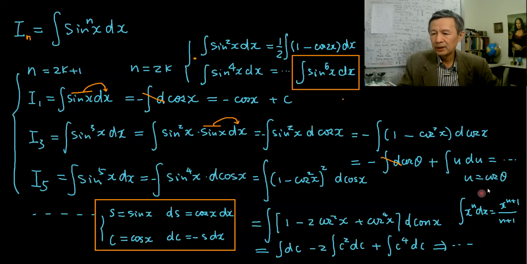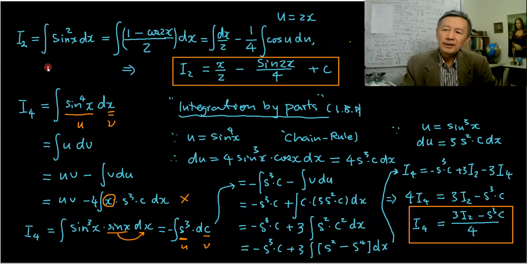Eventually, you are looking to apply this basic formula. But when n is even, things can get very nasty. Well, not in the case of 2, okay? If n is 2, we can still manage it by using our knowledge of trigonometry.